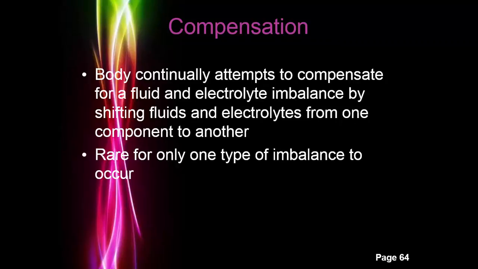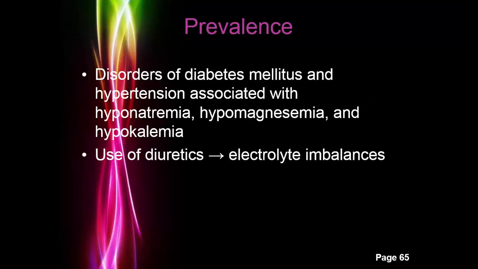Looking at compensation, the body is continually attempting to compensate for a fluid and electrolyte imbalance by shifting fluids and electrolytes from one component to another. It is rare for only one type of imbalance to occur. Usually it's more than one electrolyte, is basically what they're saying.